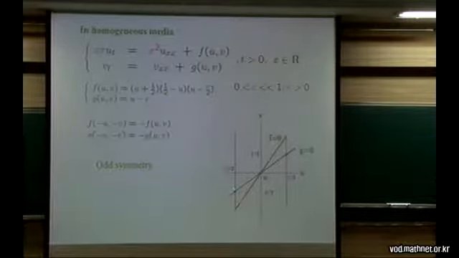For stability, the two outer ones are stable, but the middle one is unstable for this PDE system. So this system is called a bistable system. Furthermore, we assume f and g are odd symmetric with respect to the origin. This implies that the two stable states have equal strength to each other.